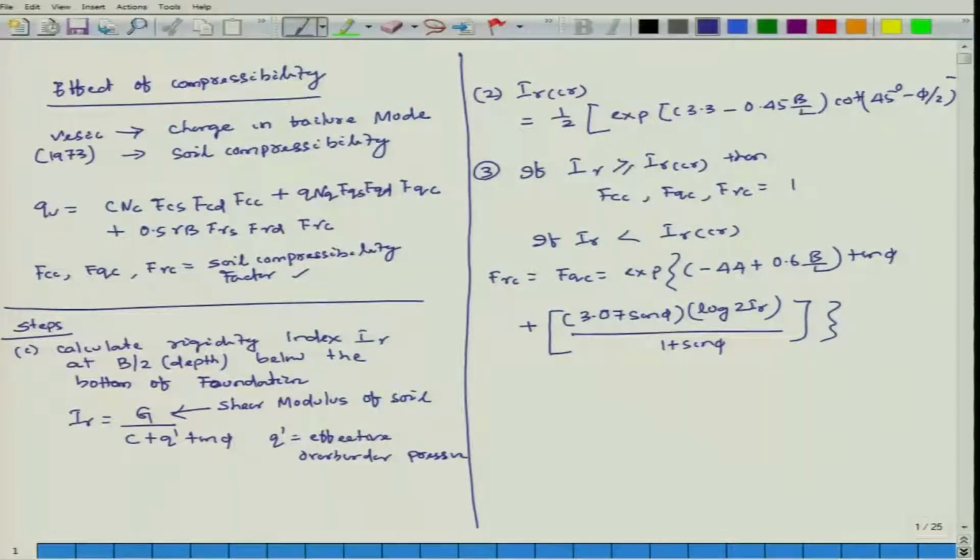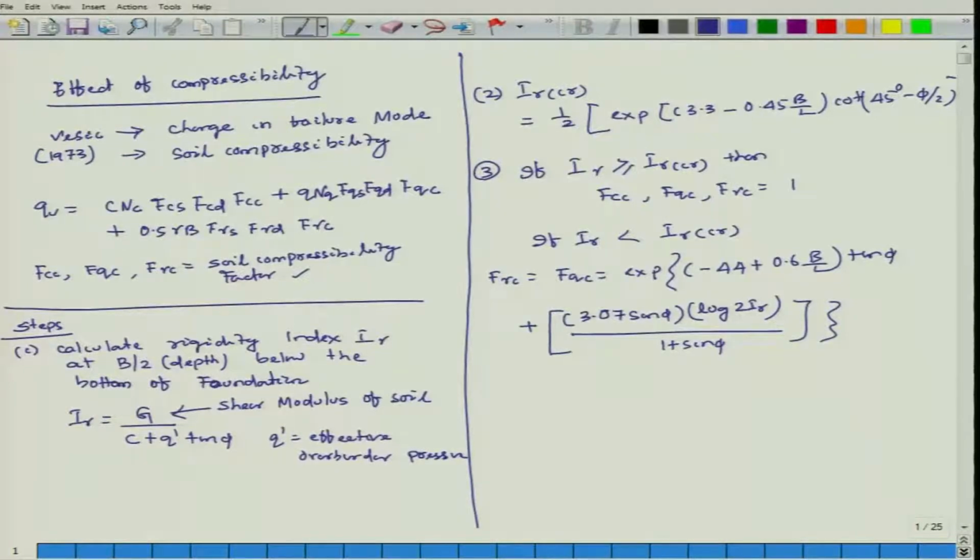And what are the steps? Calculate the rigidity index Ir based on the shear modulus of soil, c and q prime tan phi. q prime is the effective overburden pressure, and this rigidity index has been calculated at B by 2 depth below the bottom of the foundation. Then second is the critical rigidity index, for which he has given expressions, and compare it with the rigidity index.